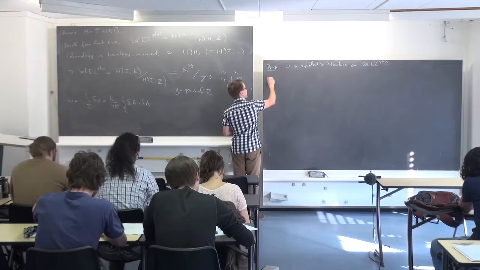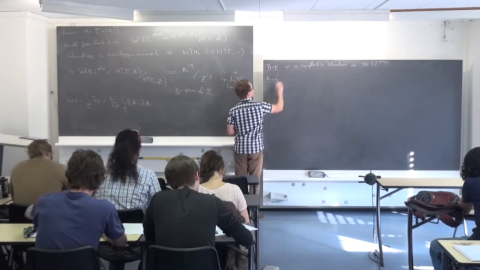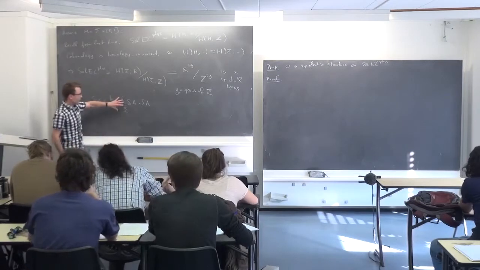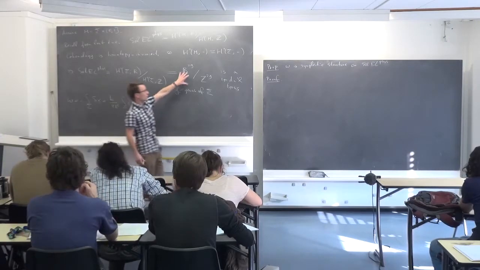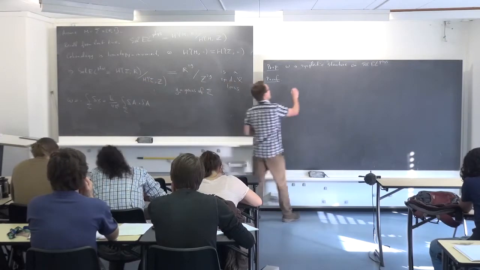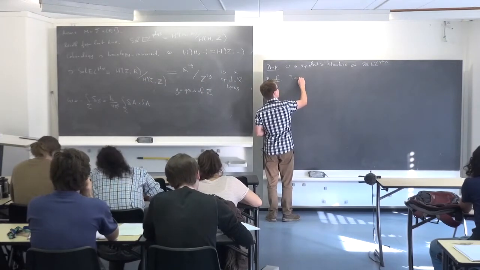Okay, so let me just, again, repeat the proof. So first of all, let's understand the tangent space. So this is a manifold. Let's understand the tangent space to this manifold.